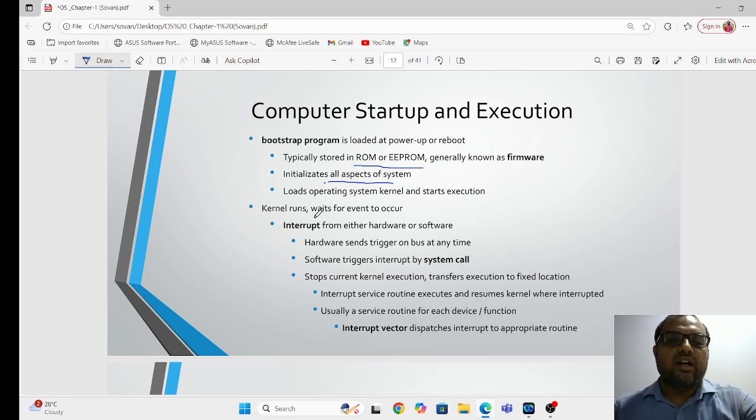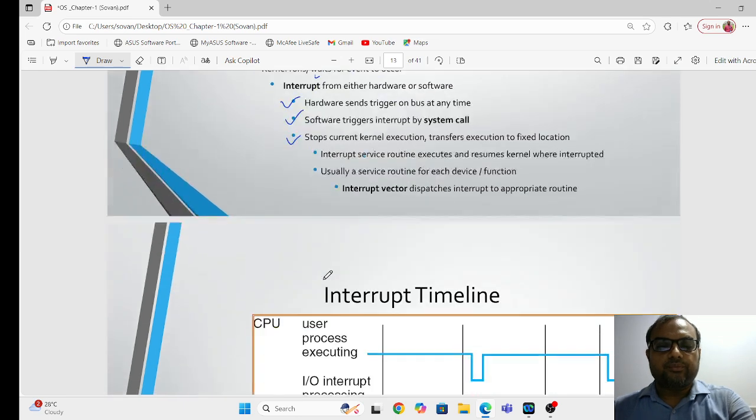The kernel runs and waits for signals. It checks whether the hardware is active, and checks software triggers or system calls, and if there is some error, it can solve it.